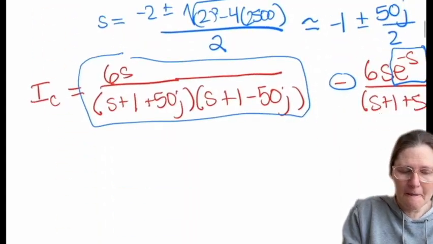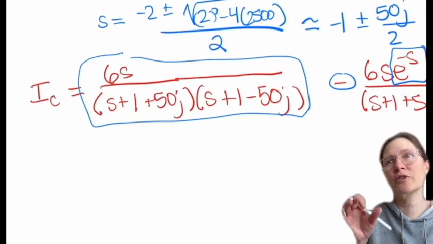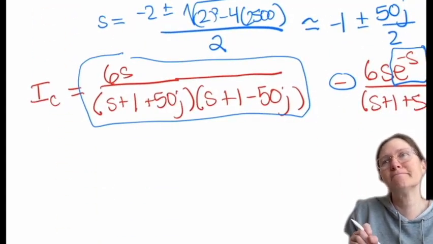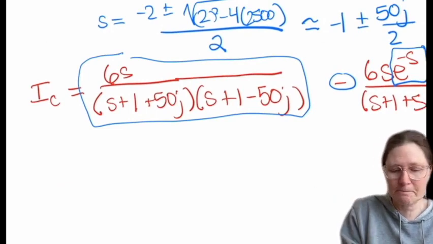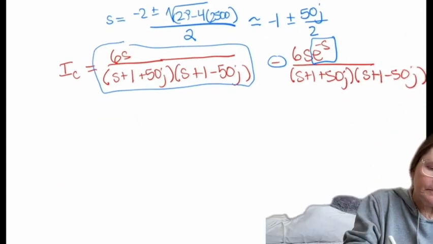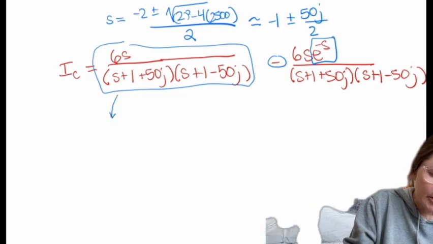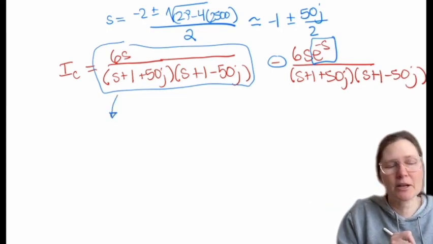So we just need to solve for this portion, 6s over s plus 1 plus 50j times s plus 1 minus 50j. To solve for this, we're going to use partial fraction expansion.